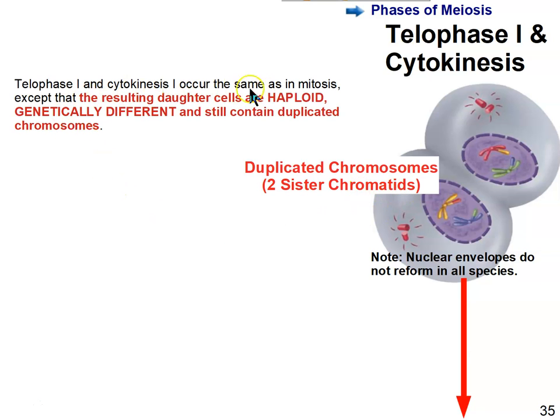So telophase I and cytokinesis I occur pretty much the same as mitosis, except that the resulting daughter cells are haploid, only have 2 chromosomes in this diagram, and they're genetically different because of crossing over. But they still contain duplicated chromosomes, so there's still something to divide up, and it's the same thing that gets divided up in mitosis. So this is the end of meiosis I.